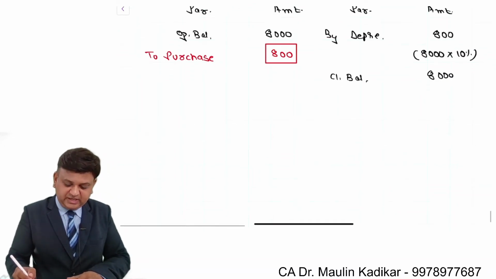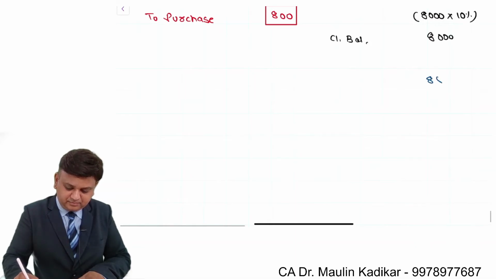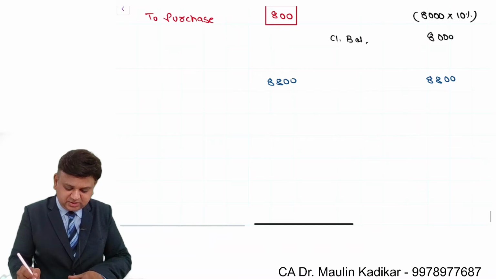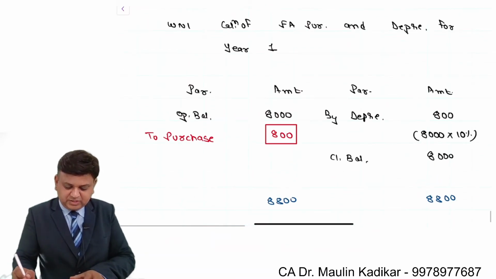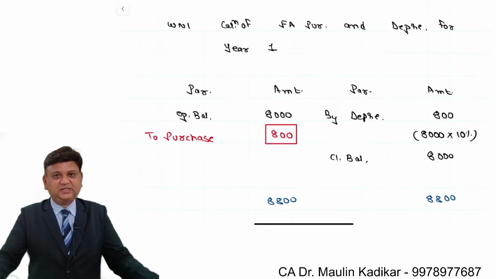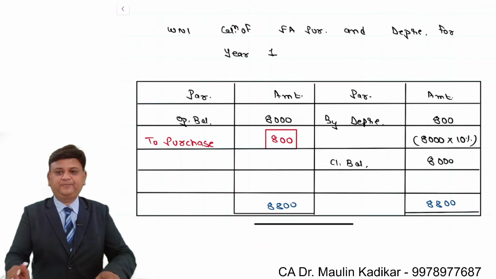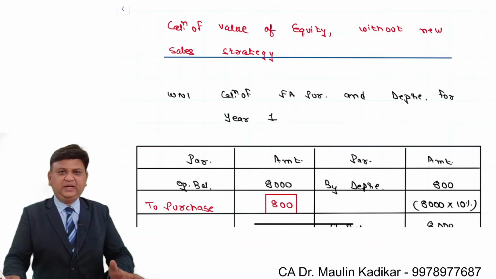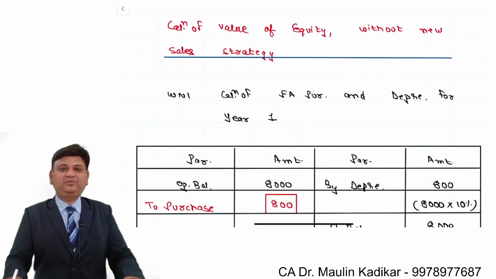Credit side total is 8,800. Debit side total is again 8,800. So now fixed asset purchase is found as balancing figure. Please write down answer. Now friends, it is not required to prepare a working capital addition, because the sales is same. Then in that case, there is no investment to be made in working capital.